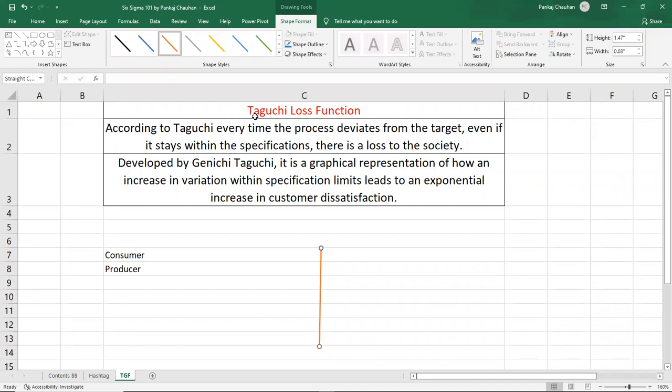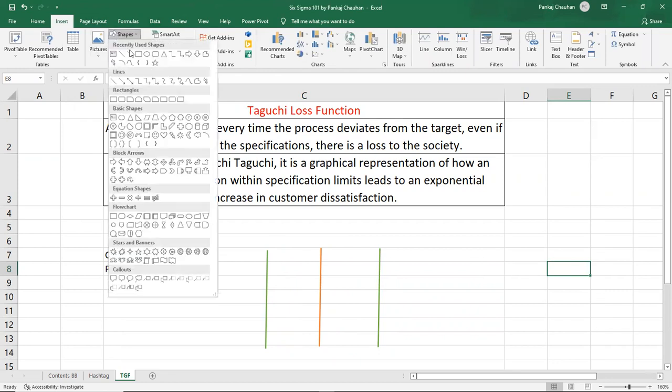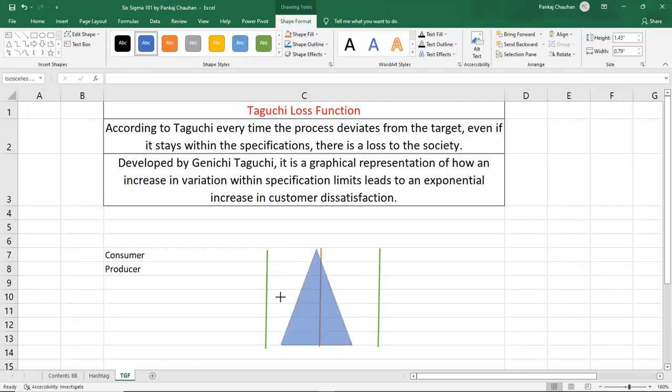And if I draw the specification, suppose this is your specification value on the lower side, and here is the specification on the upper side. Let me put this in green color as the specification, and orange color is your center value. Now I am adding one more picture, let's say this triangle, and this is what my process performance is.